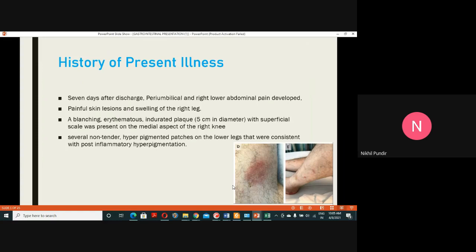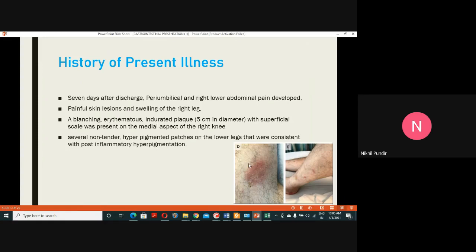joint pains, and he also reported 5 days of painful skin lesions and swelling of the right leg. While observing closely, there was pitting edema in the right foot and a blanching erythematous indurated plaque of around 5 centimeters in diameter with superficial scale on the right knee, which you can see in the figure here.